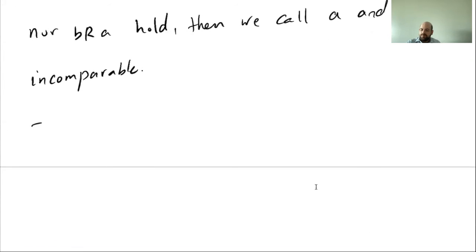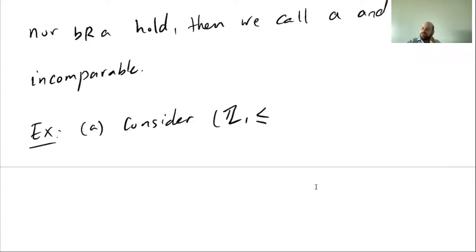So for example, part A, consider S equal to Z with some poset we considered above. I think the first one was Z together with the less than or equal to relation.